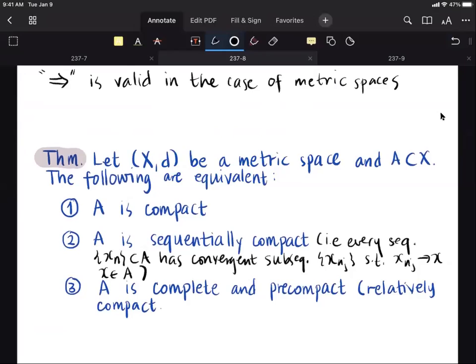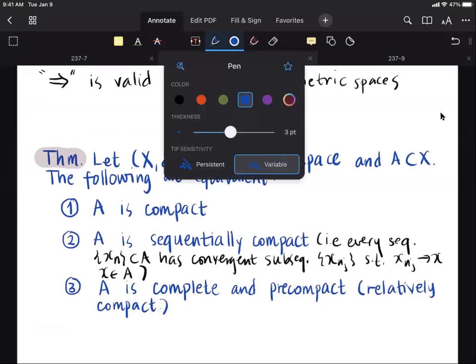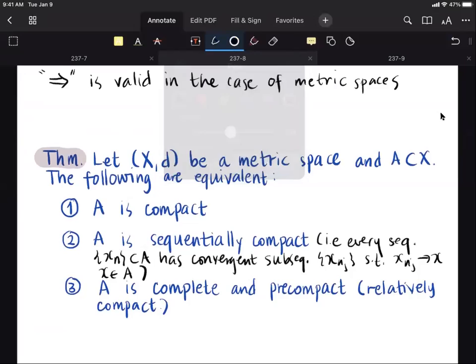In other texts, the word pre-compact is sometimes called relatively compact. And by this, we mean that you can find a covering of your set by finitely many balls.